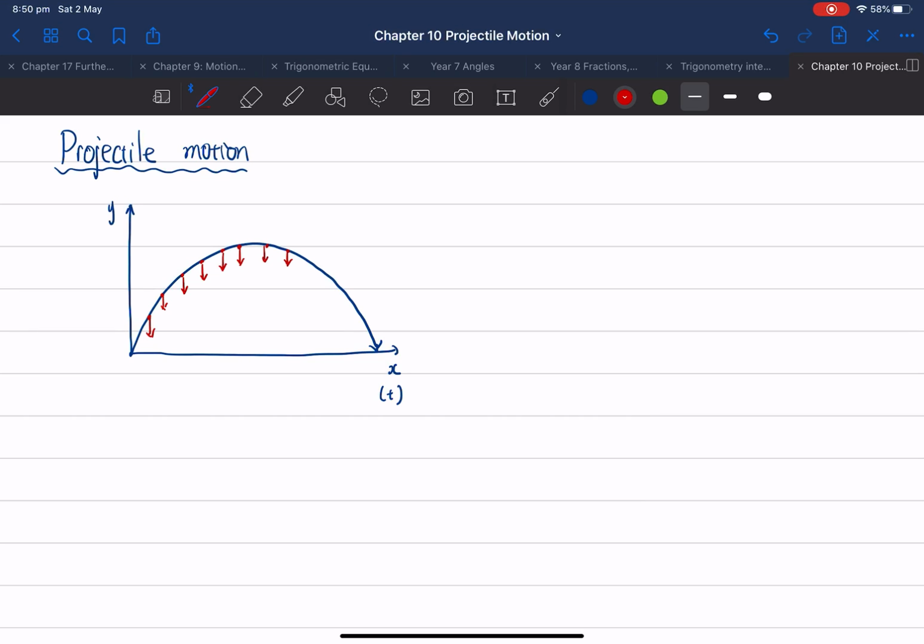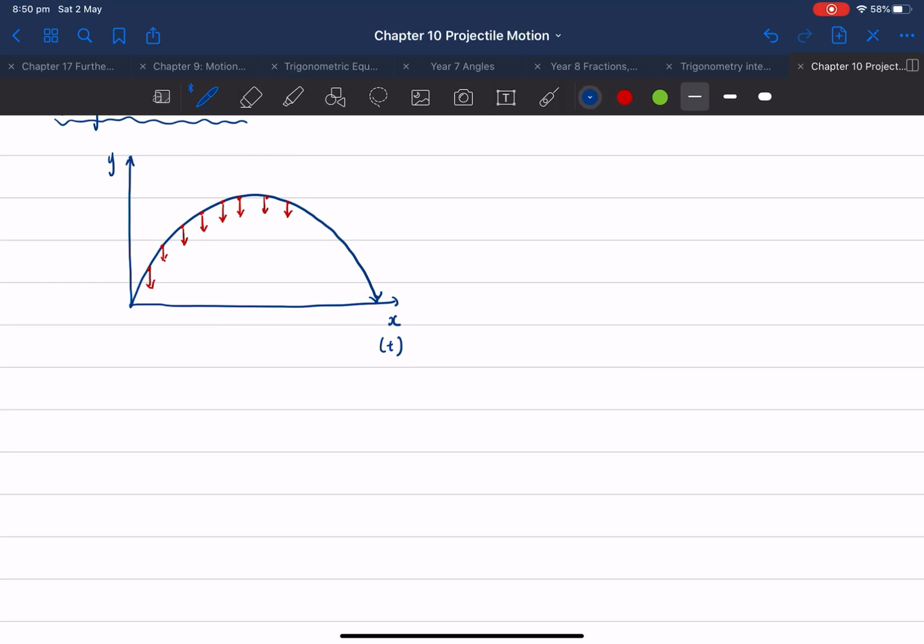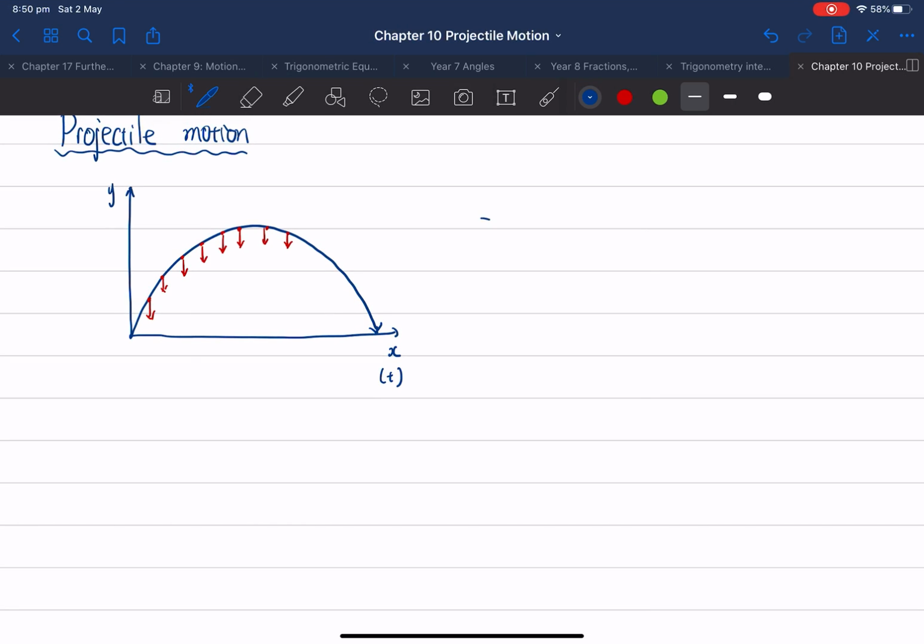Now we are going to break this down into 2 components, the vertical and horizontal components. So this motion can be broken down into 2 components, the horizontal motion, and then the vertical motion.